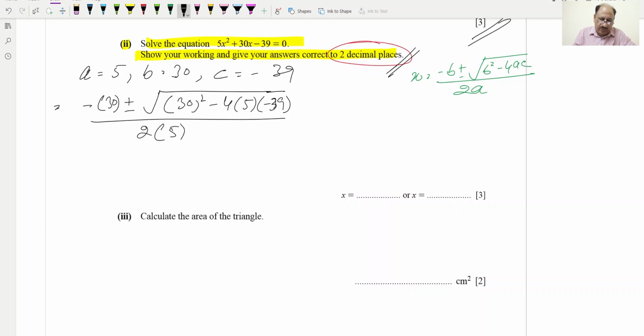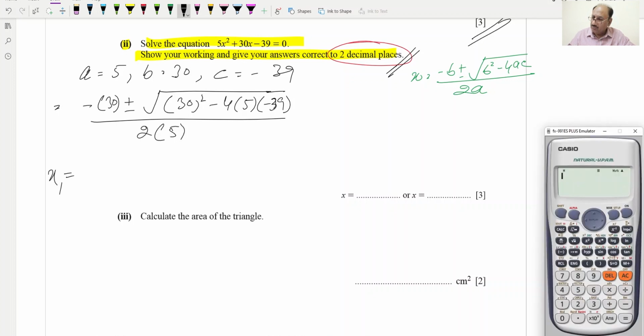Now we can find the decimal values. We can write x1 directly, and we can use a calculator for this. So minus in brackets 30, and then we will be using plus, and the next values we will be using minus.